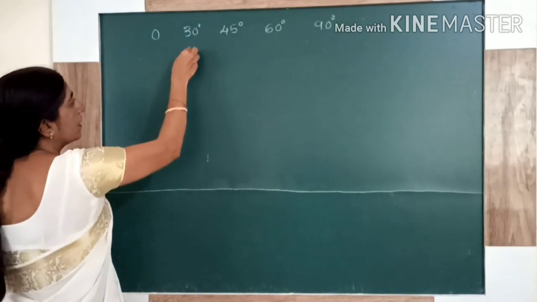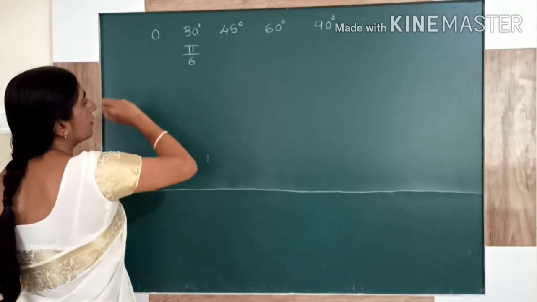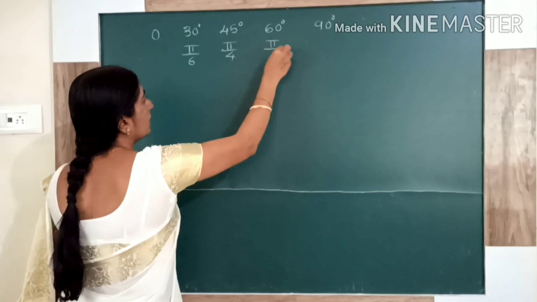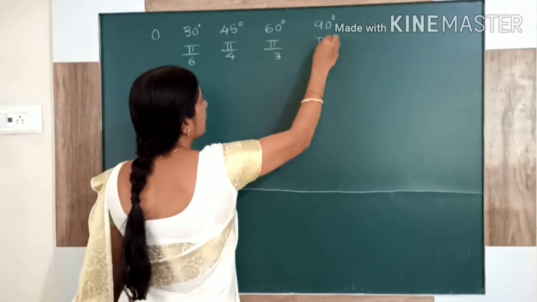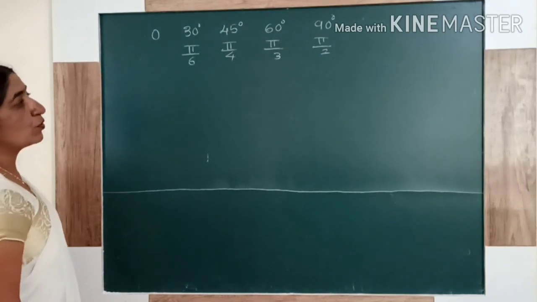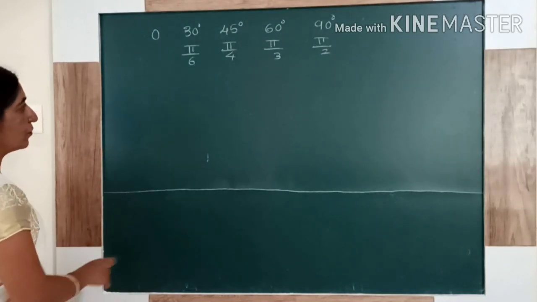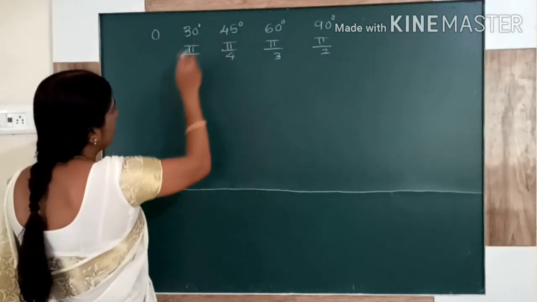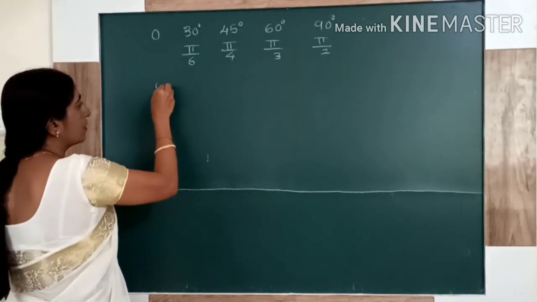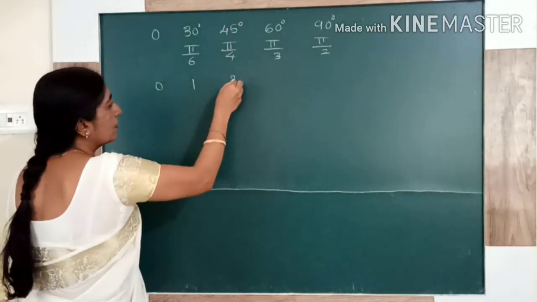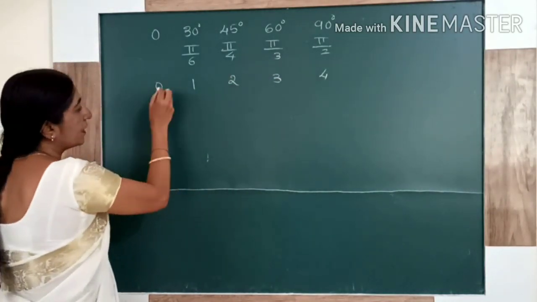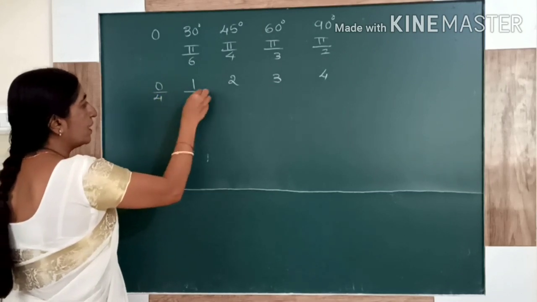If possible, write them in the form of radians: this is pi by 6, this is pi by 4, this is pi by 3 and this is pi by 2. After this I will explain how to remember and write those values. From 0, start writing the numbers from 0 to 4, the positive numbers 0, 1, 2, 3, 4. After writing that, divide each number by 4.